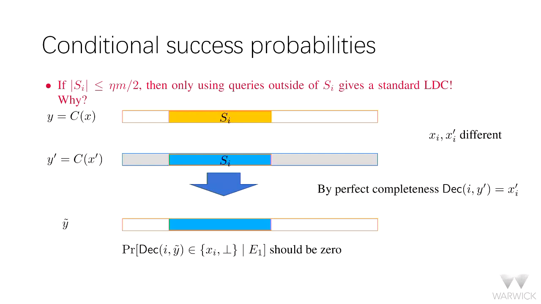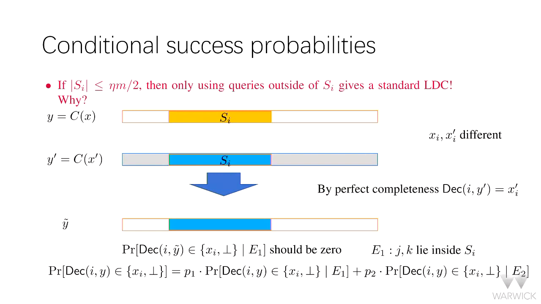So we can notice that if we run the decoding on this y tilde, the probability, conditioned on E1, that the decoder can output x_i or abort, this probability should be 0, because j,k lie in S_i. So this means if we go back to look at this conditional probability, because the first part has to be 0, the overall success probability should be at least half plus epsilon, so the second part should be large.